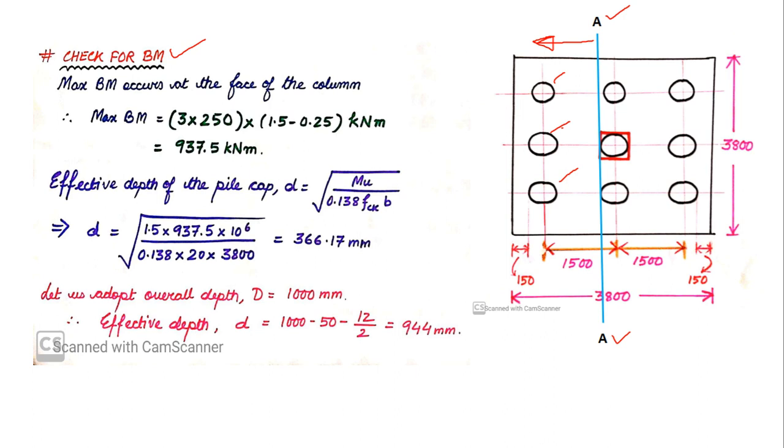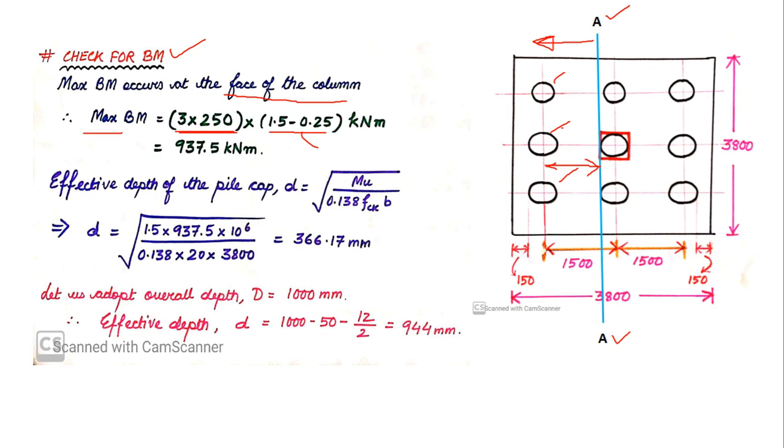So 750 kilonewton multiplied by this distance will give me the bending moment at the section AA. That is what I have written, that maximum bending moment occurs at the face of the column. So maximum bending moment will be 3 into 250 multiplied by the distance, which is 1.5 minus 0.25. How did I obtain this distance?